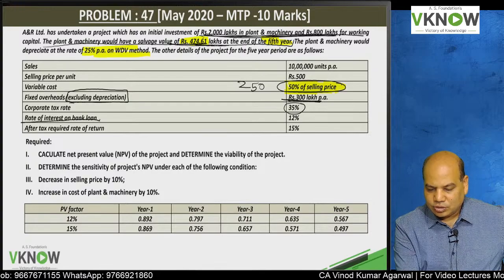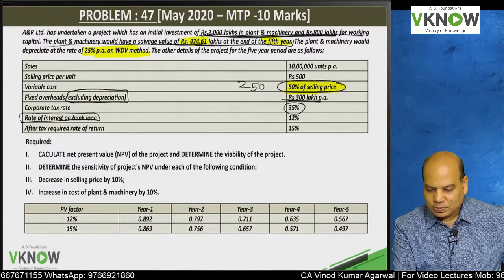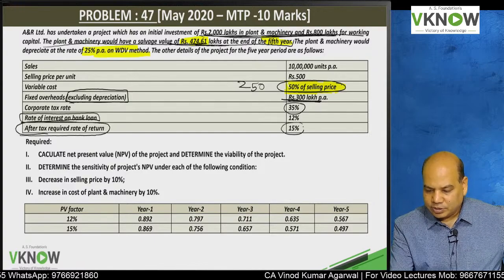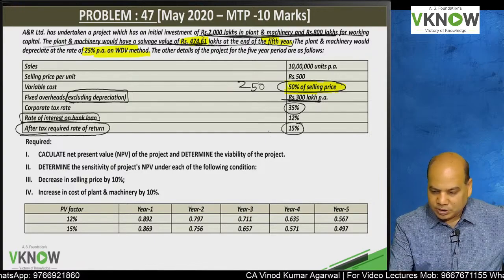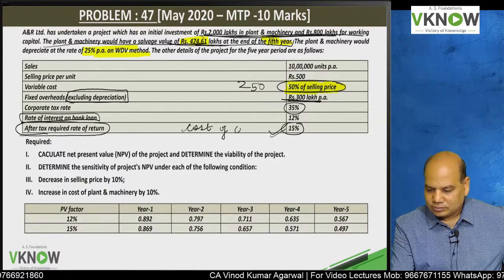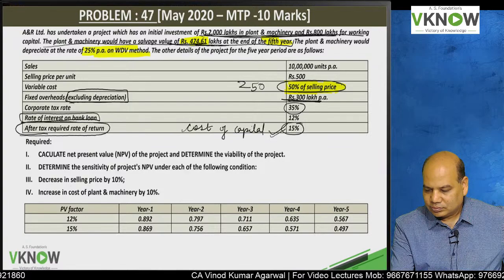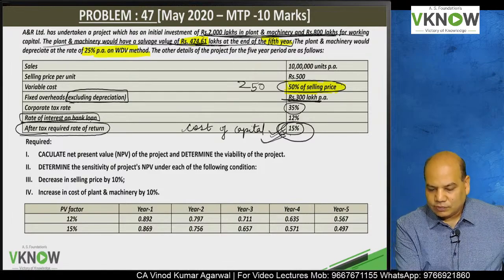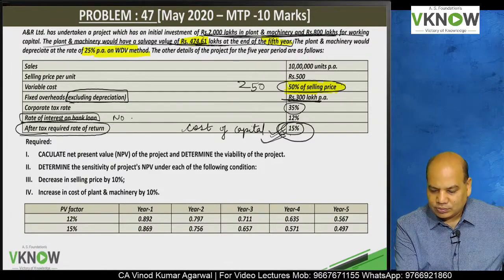Rate of interest on bank loan 12%. After-tax required rate of return 15%. 15% is my cost of capital, and we are going to use the cost of capital as the discount rate. What is the use of the rate of interest on bank loan?